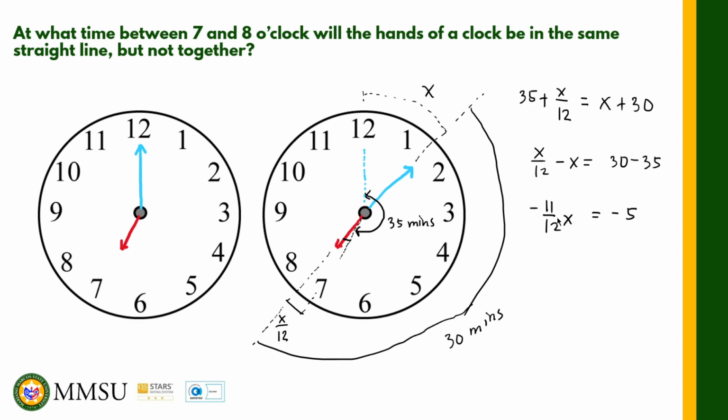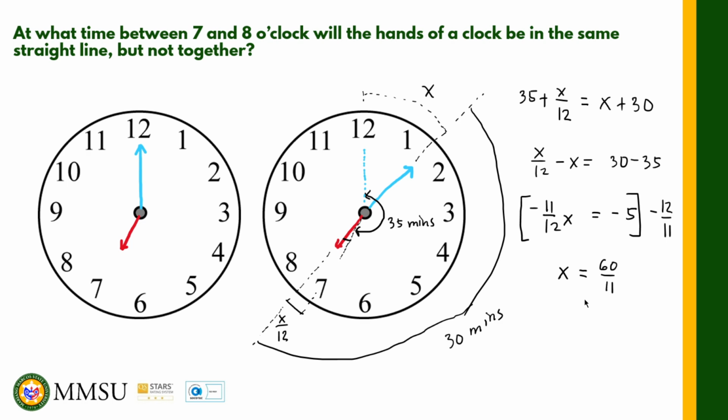Okay, so to eliminate 11 over 12, we're going to multiply this by negative 12 over 11. Tama? So, cancel na yung 11 over 12 tsaka 12 over 11. So, x therefore is equal to 5 multiplied by 12 over 11. So, that's 60 over 11.